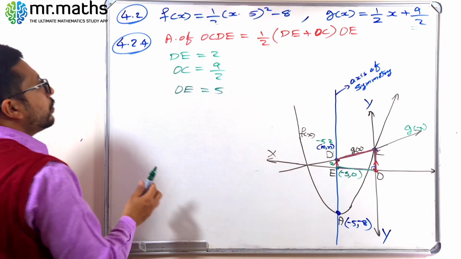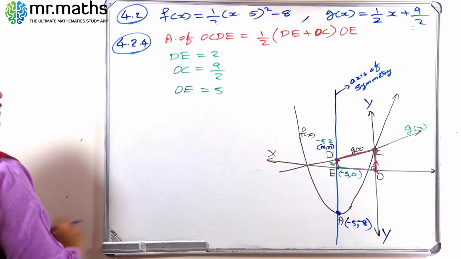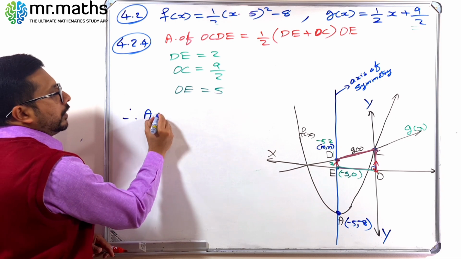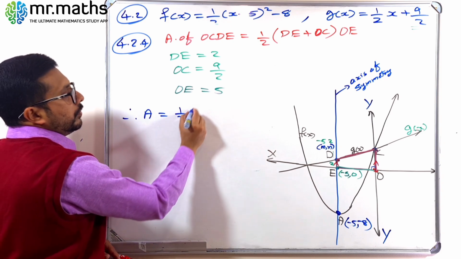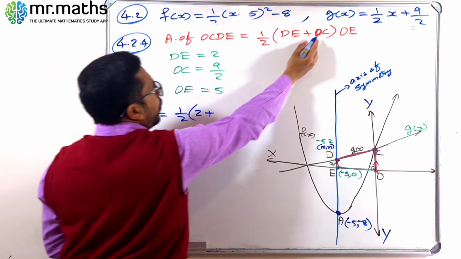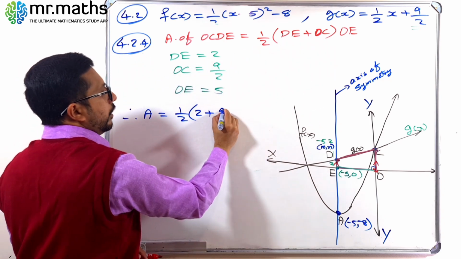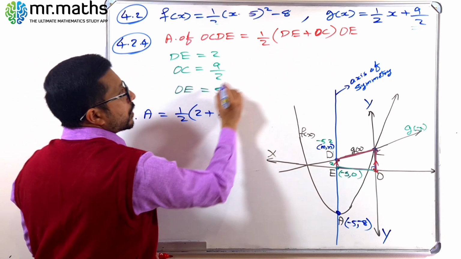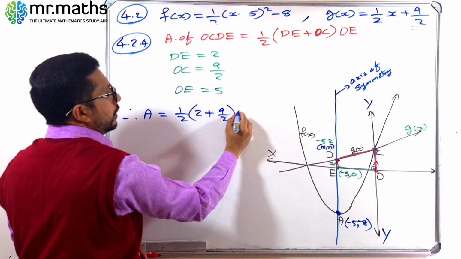Now we have to find the area. So the area is equal to half times (DE plus OC) times OE. DE is 2, OC is 9 over 2, and OE is 5.